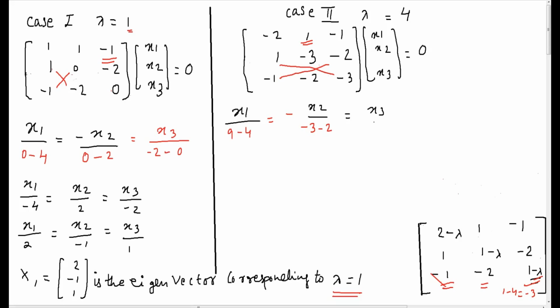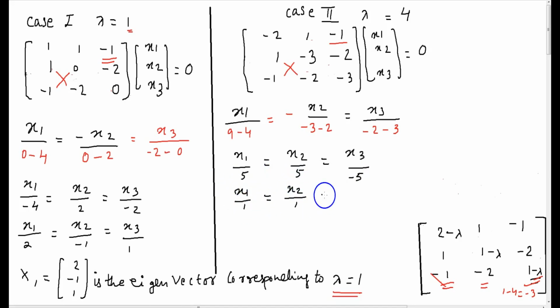Here minor of a13 is 1 minus 3 minus 1 minus 2, and cross multiplying we get minus 2 minus 3, that is equal to x1 by 5, x2 by 5, x3 by minus 5.